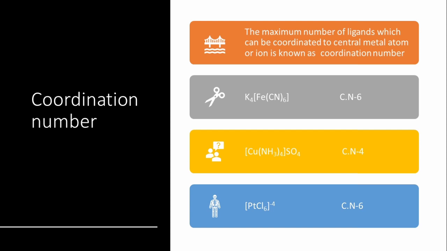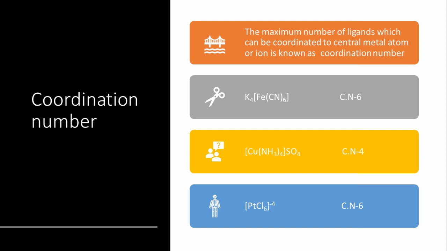So the coordination number of Fe is 6. And the second case, which is [Cu(NH3)4]SO4, tetraamine copper sulfate, copper is surrounded by 4 ligands, so the coordination number is 4.